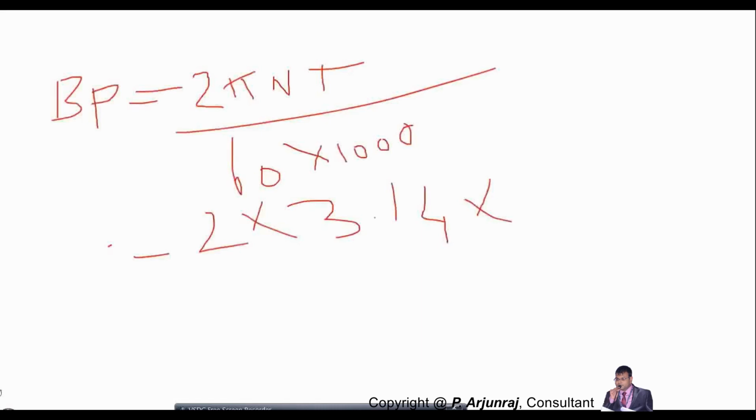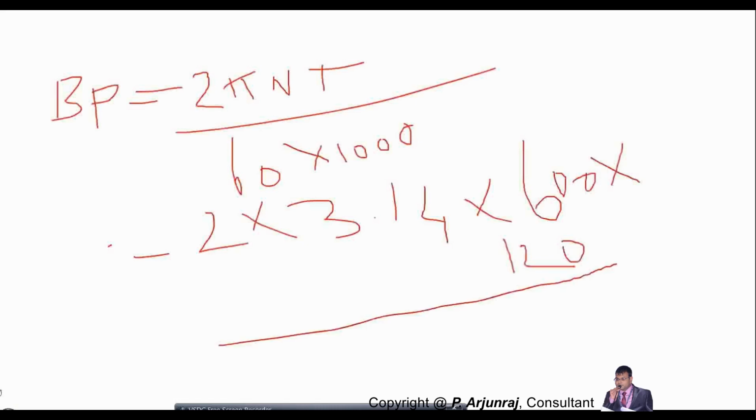The speed, what is in the problem? They have given the speed value as 600, so you have to put 600, into the torque. They have given the torque value as 120 Newton meter. It's brake torque. Into 120, divided by 60,000 will give you the brake power of the engine.